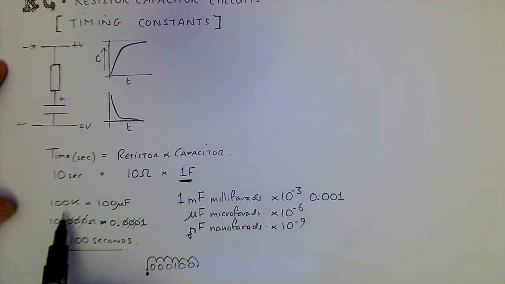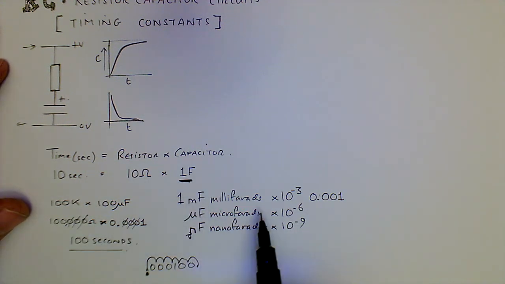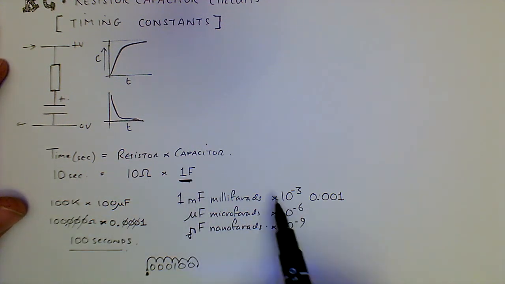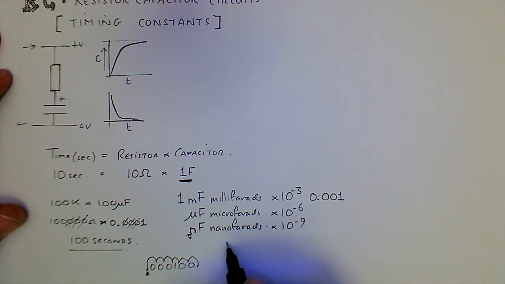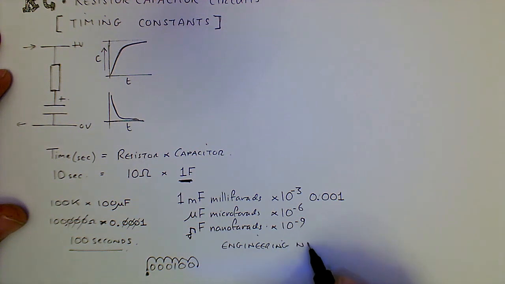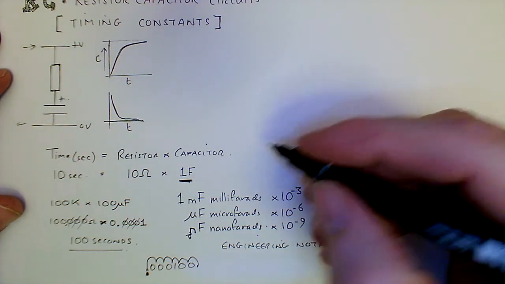Like I was saying, resistors come in quite large numbers, capacitors definitely come in very small numbers, so you will need to become more familiar with engineering notation, both very small numbers and very big numbers.